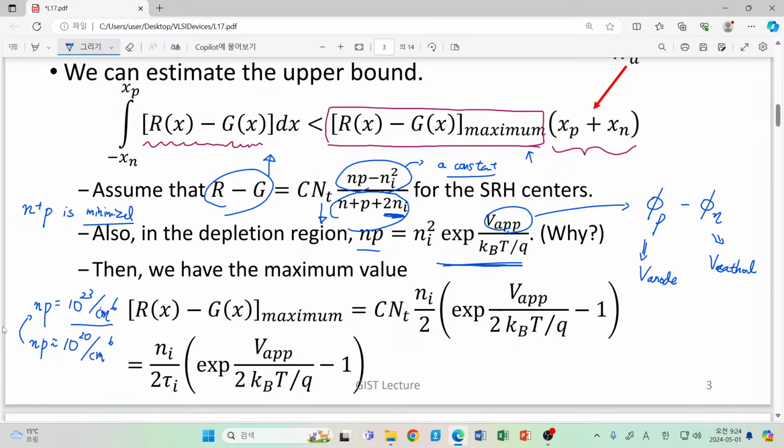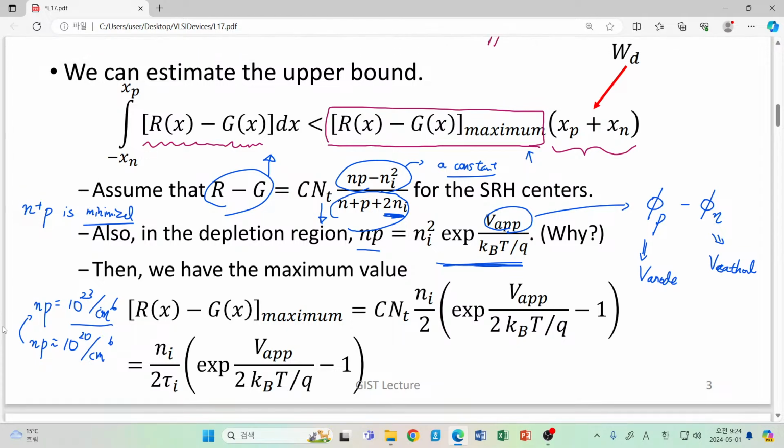Then in this case, now think about this case. This is the assumption, but consider two different positions. At one position, your electron density is just 10 to the 14. Then what will be your hole density? Your hole density will be just 10 to the 9.